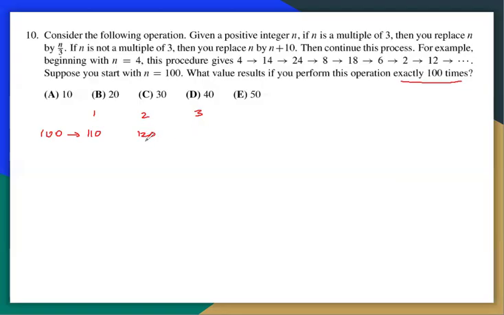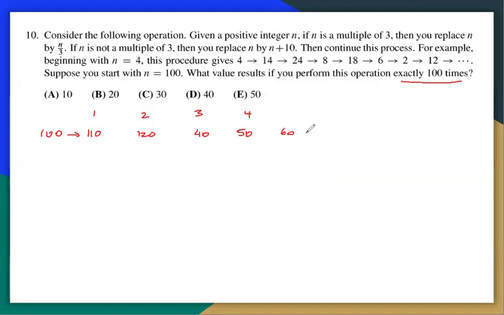The third time, this is a multiple of 3, which is why we are going to divide this by 3 to get 40. And then you got 40, which is going to be added 10, so you got 50, and then you got 60. So I hope that's clear so far.